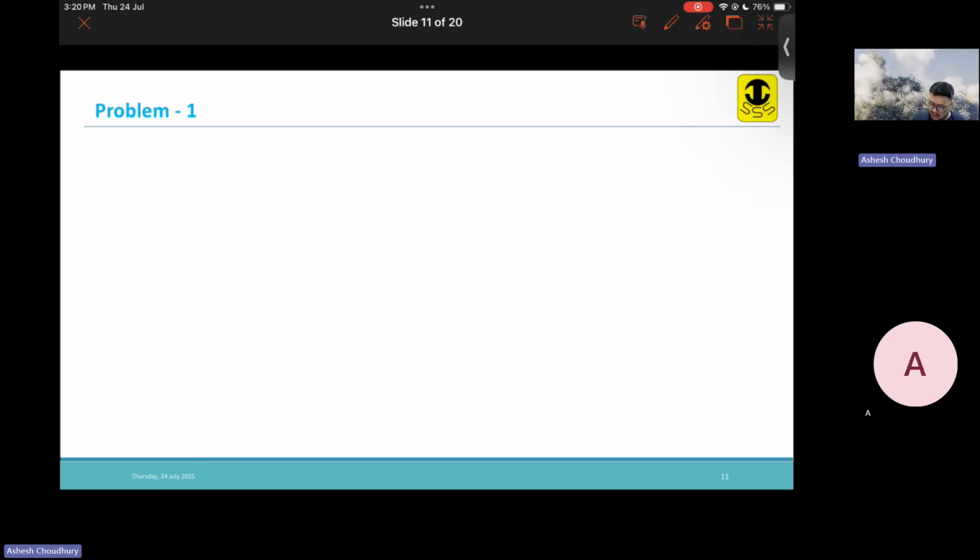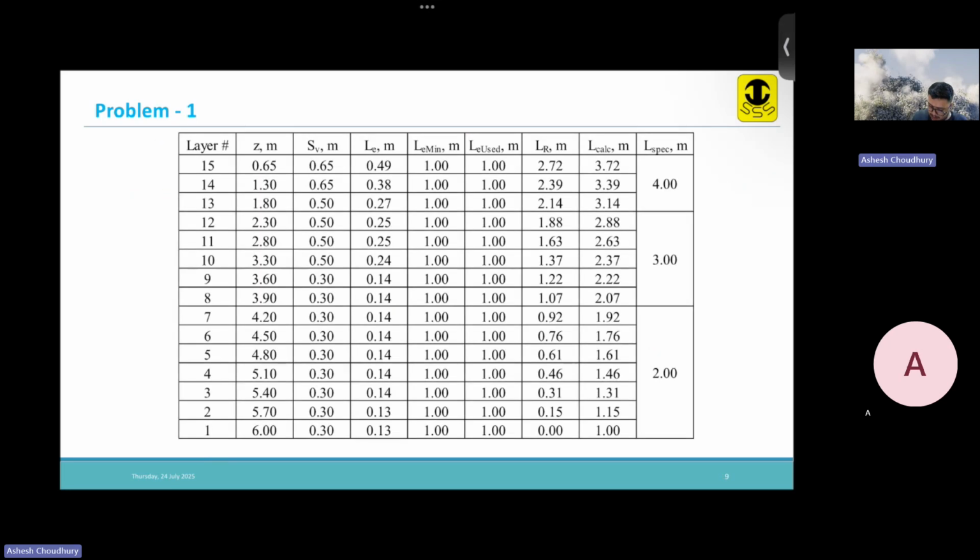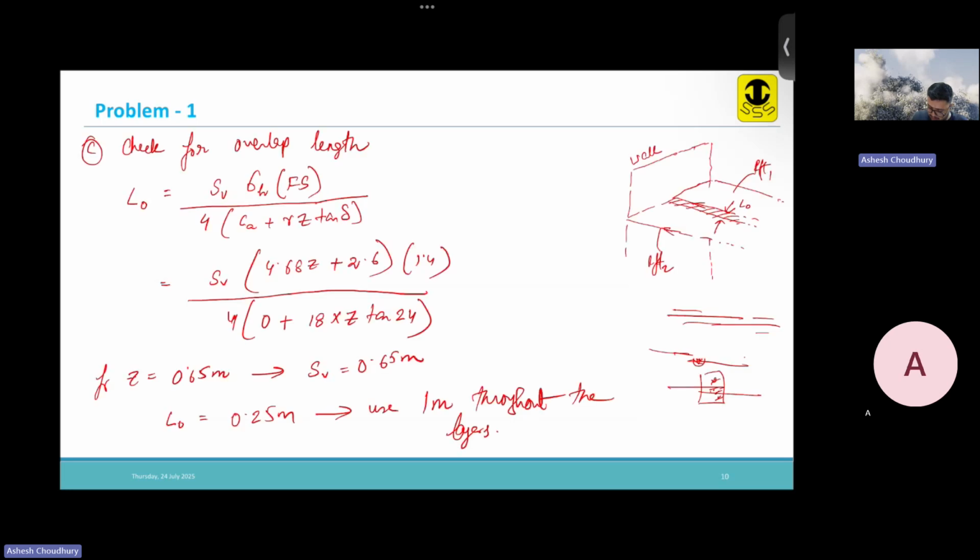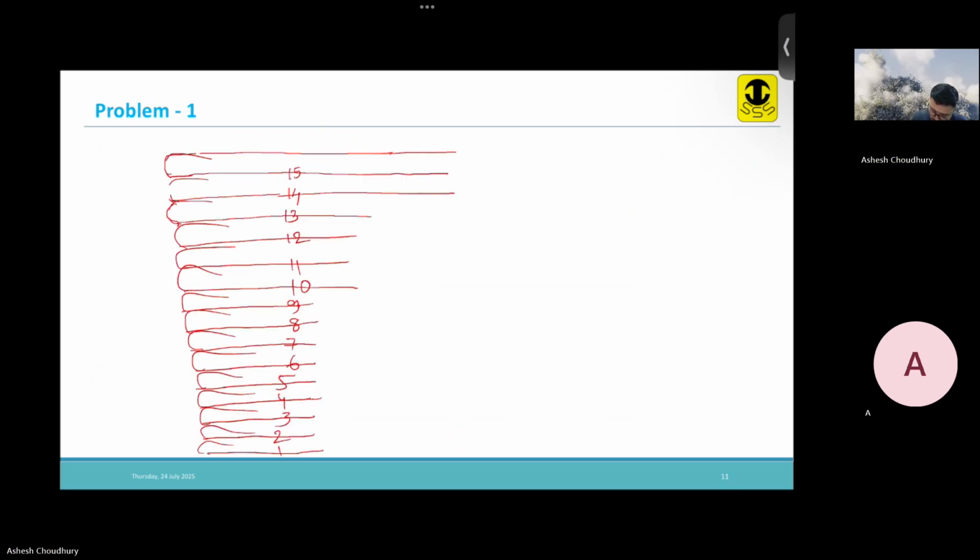See, the first layer is also at a depth of 0.65. The second layer is also at a depth of 0.65. It's 14th, 15th and 14th. It's 15th layer, 14th layer, na? 15th layer, 14th layer.